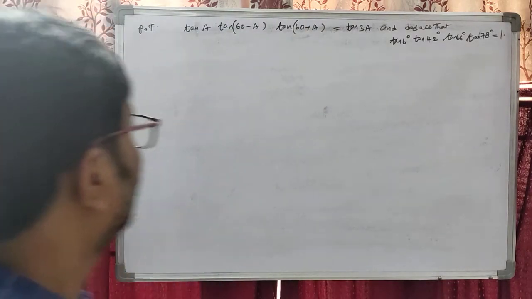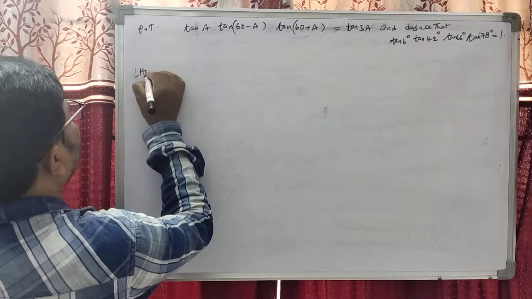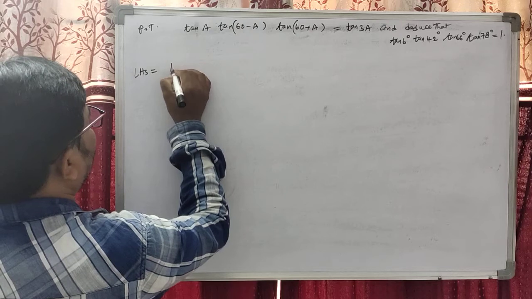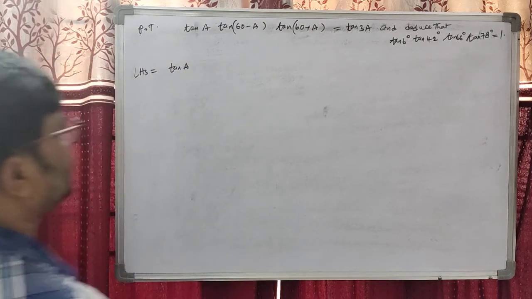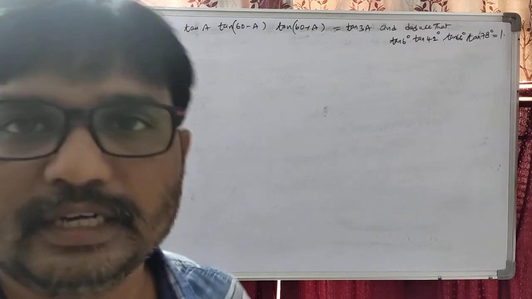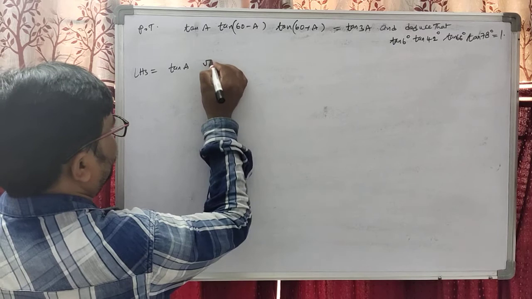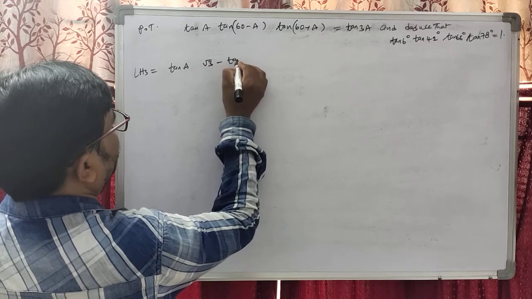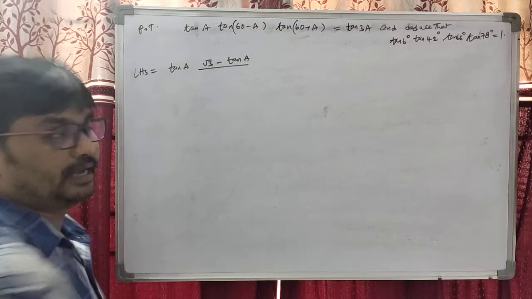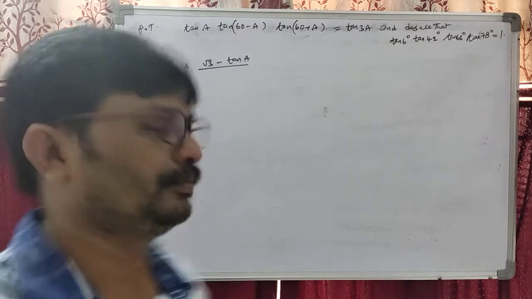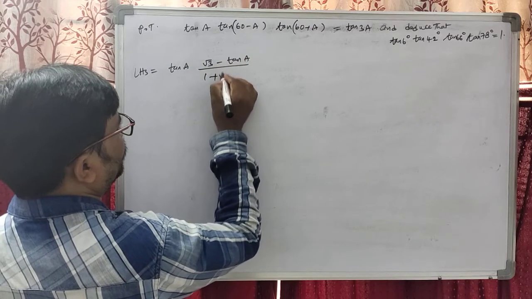Okay students, now we have to know that the LHS is tan a into tan(60 minus a). What is tan(60 minus a)? It is the formula tan(A minus B) = (tan A minus tan B) by (1 plus tan A tan B). Tan 60 is root 3, so tan(60 minus a) is (root 3 minus tan a) by (1 plus root 3 tan a).